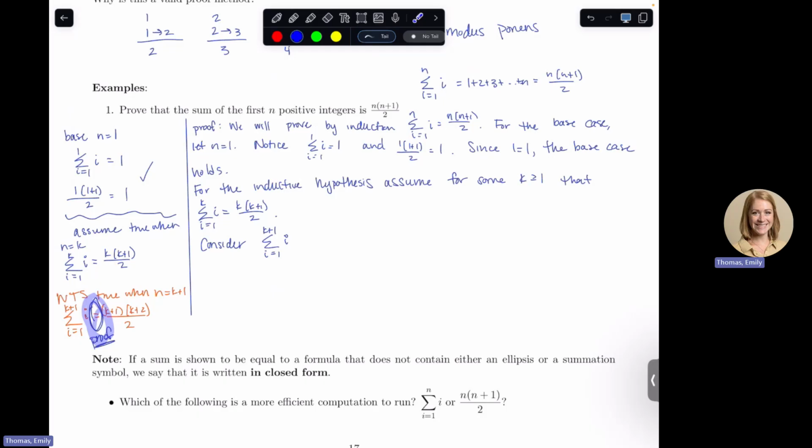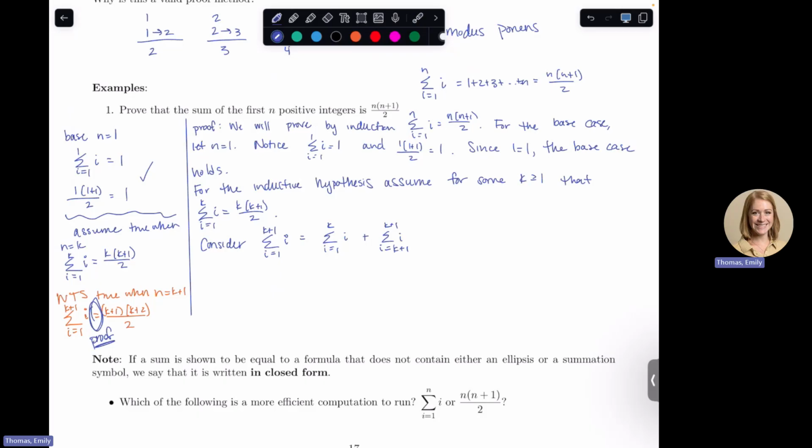Well, what I see is true is that I can split this sum into two sums. One picks up where the other leaves off. It's only got one entry, so it's not really a sum anymore, but I figured it'd be worse if I wrote it not as a sum.